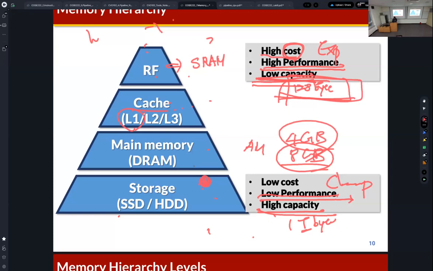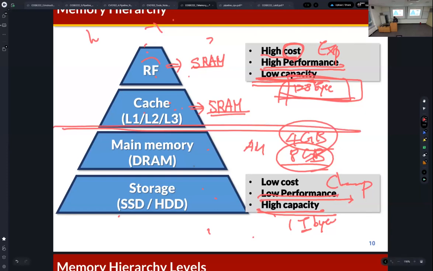Cache, we do not learn about the cache here, but we use SRAM, but the size is larger. So that's why the cache is slower than the register file.